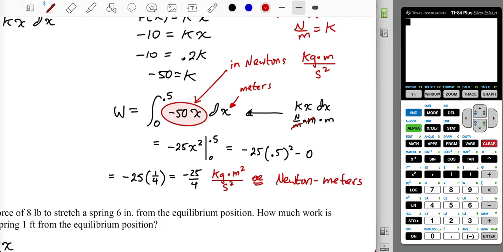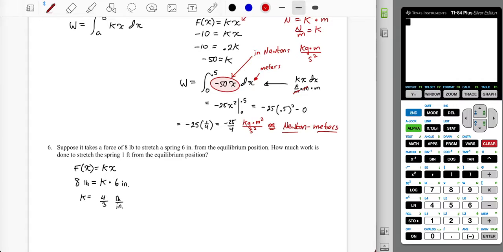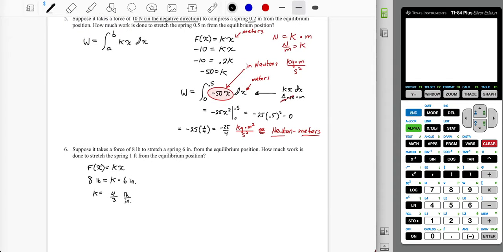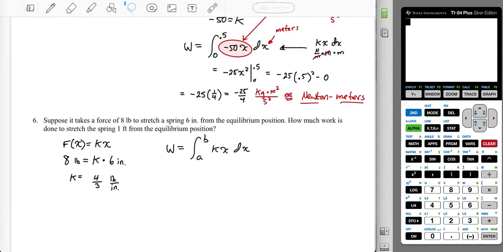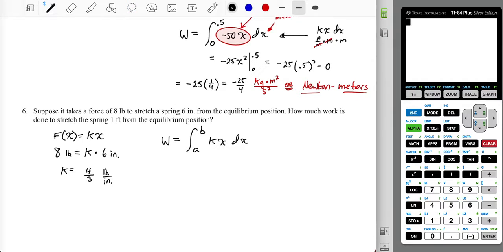One set of meters will cancel out, and that's another justification for your newton meters. So newtons times meters. Probably a little too lengthy of an explanation related to the units, but it's such an important idea for understanding what's going on behind the scenes that it's worth taking the time, in my opinion.